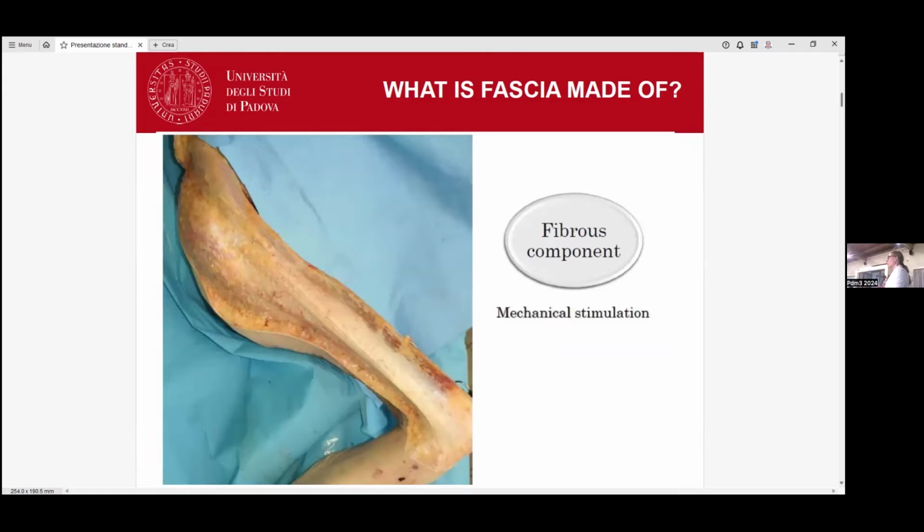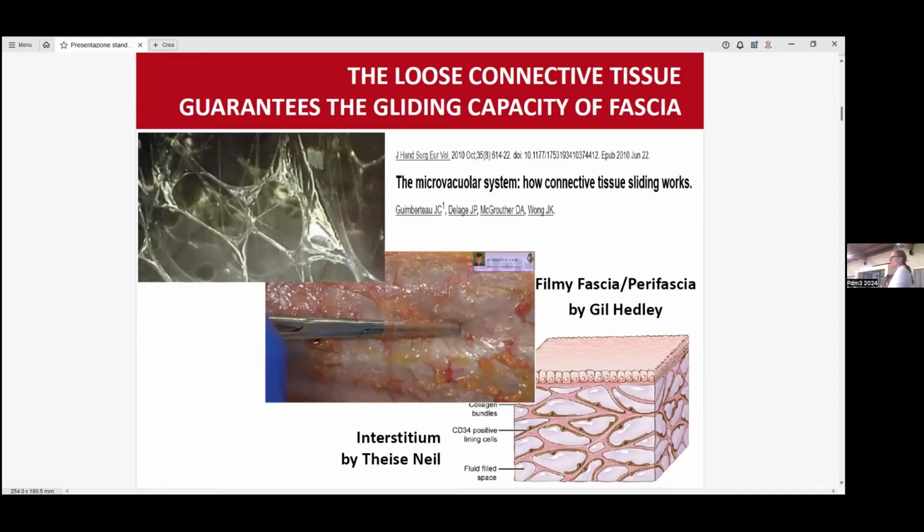transfer, so it works like a tendon connecting different parts of the body, transmitting the force, organizing the movement. But then we have the loose connective tissue, and the loose connective tissue is the element that allows the fascia to glide with respect to the underlying muscle, but also allows the nerve to glide with respect to the fascia, and allows each fascia to glide one with respect to the other.